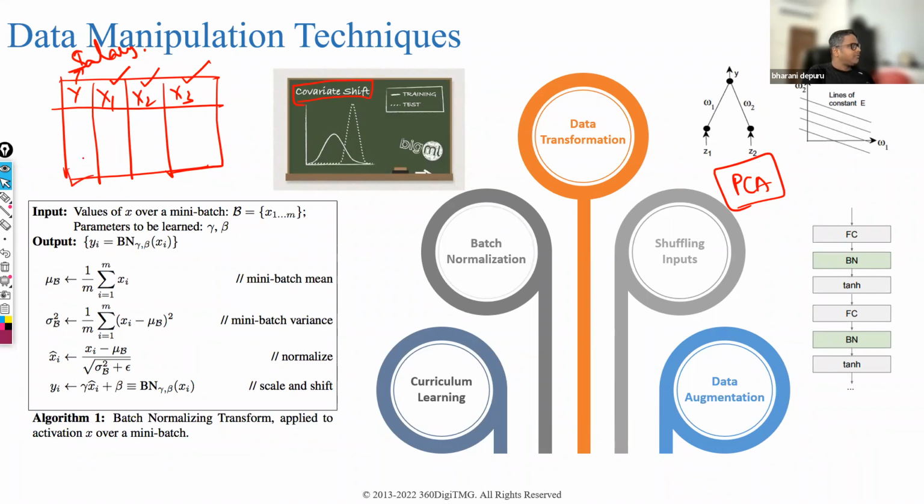And salary, when you have trained your model, was say following normal distribution. So the training data was following a normal distribution. But then say you built a model, and when you try to test it on the test data, say the distribution was appearing like this, skewed. Say the data distribution was skewed.